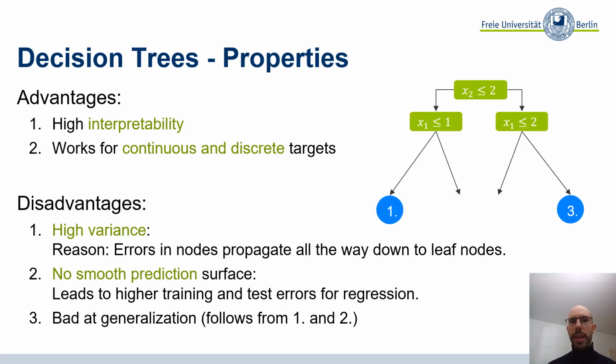So let us sum up some of the advantages for decision trees that we've already talked about. First of all, we have high interpretability, most importantly high interpretability of the features. This allows us to understand what the model is doing and how we are ending up with certain predictions.